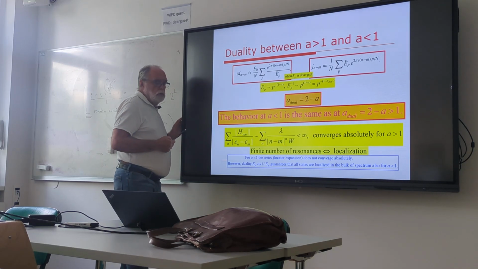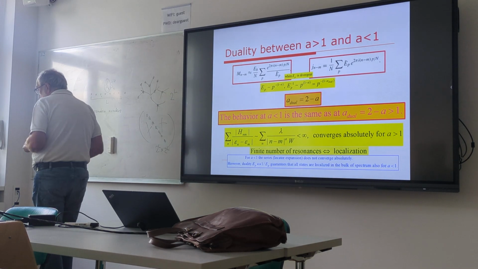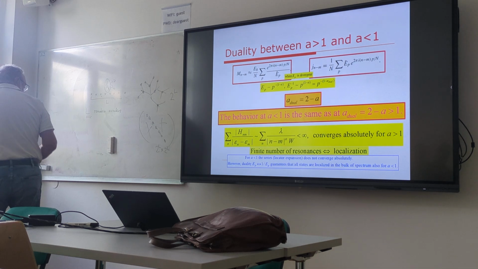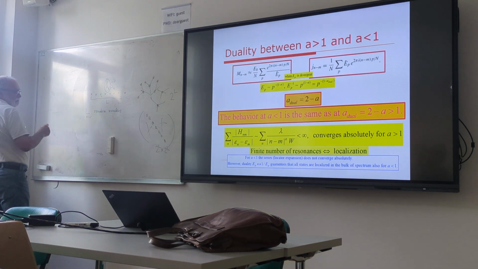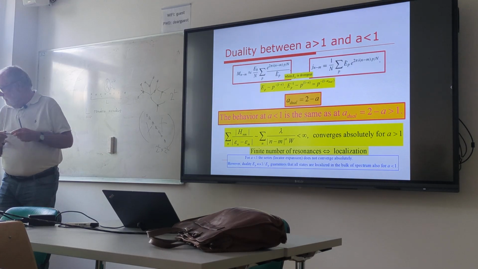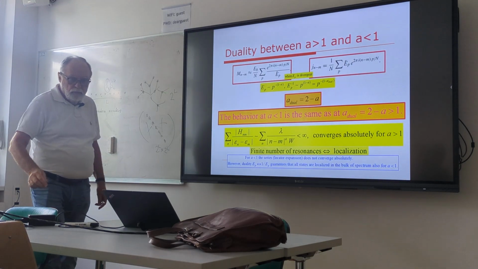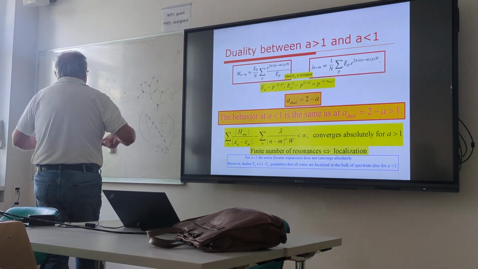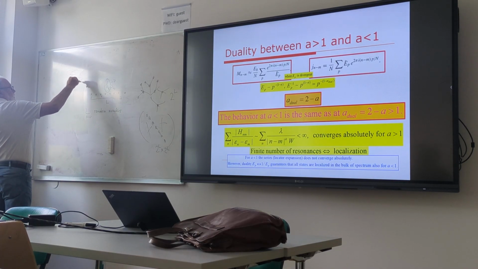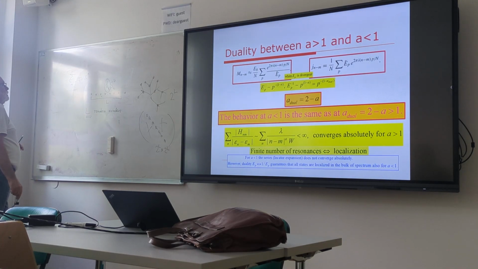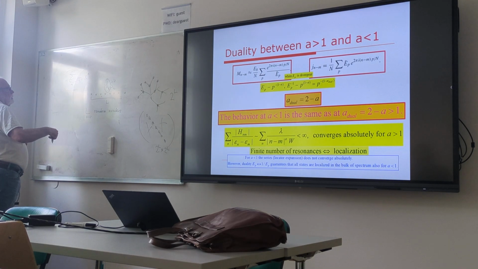But about convergence, from mathematics we know that, suppose we have a series like, let's say, 1 over n factorial x to the n. So this series is absolutely convergent.